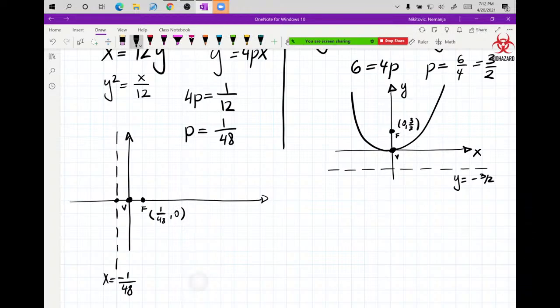And then you have your parabola going this way. Now, this would actually be a very skinny parabola with 1 over 48. It will look probably something like this, but it doesn't matter. We're at negative 1 over 48. It's very close.